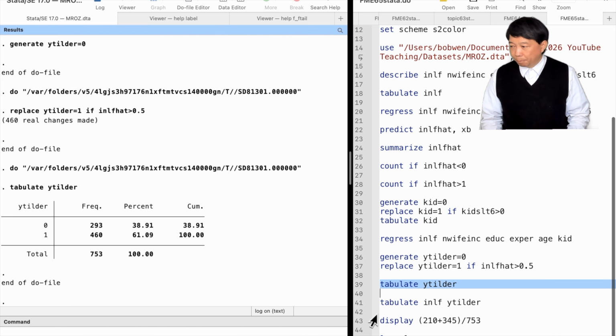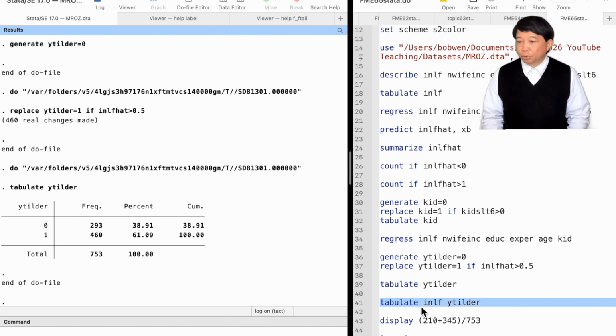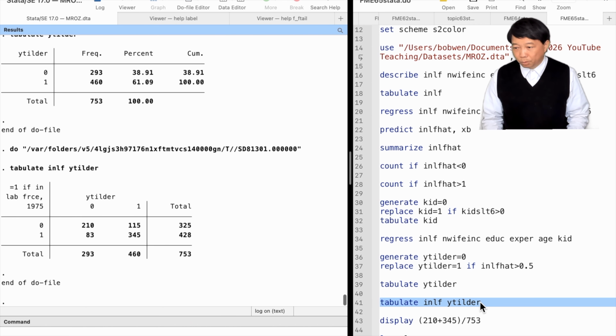We use the tabulate command followed by the two variables to see the two-way table of frequencies. The first row shows that 210 of 325 married women who did not work are correctly predicted.